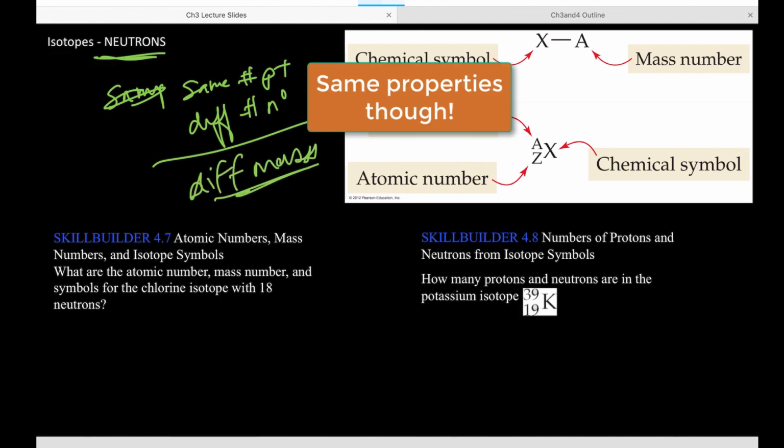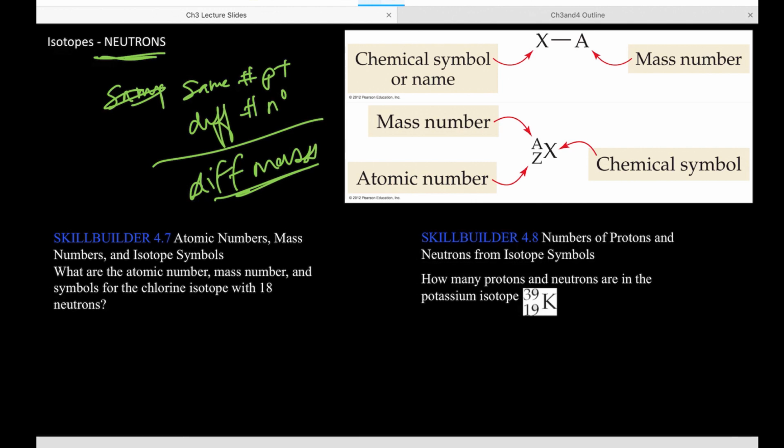Okay, then that brings us to notation. How will we note this? So A is mass number, where mass number is the sum of protons plus neutrons, okay? Always protons plus neutrons, which means this is always a whole number. It's never going to have a decimal attached to it because it's a counting unit. I literally added up protons plus neutrons, okay?